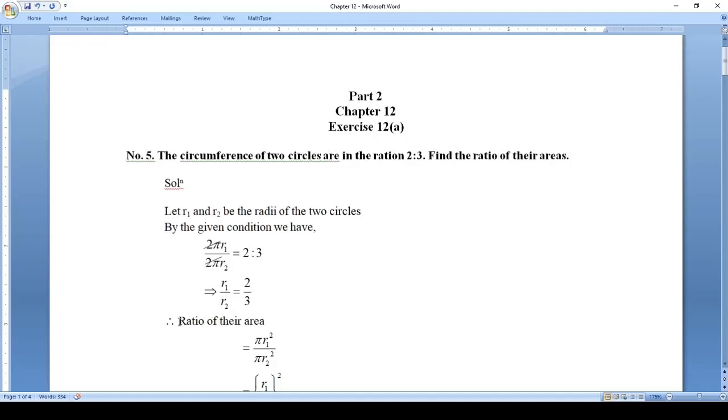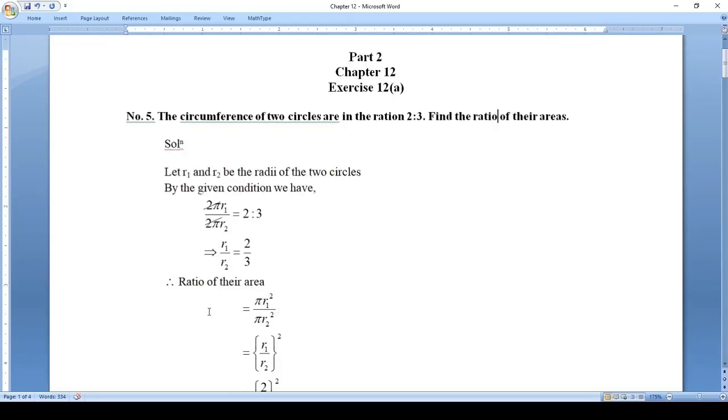Now what will be the ratio of the areas? Ratio of area will be pi r square for circle 1 and circle 2, pi r1 square by pi r2 square. Now cancelling pi from numerator and denominator, you will have only r1 square by r2 square, or we can simply write r1 divided by r2 whole square.